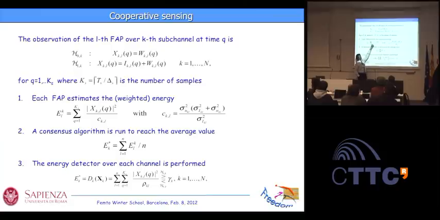This might be a weighted energy if we have some prior knowledge about the noise variance and the interference variance, but if we don't, we just take the energy. Then of course we know very well that this estimation will be better and better the greater is the number of samples that we use for the estimation. But of course, if we are going to use too many samples, we are going to pay too much in terms of rate loss. Okay?